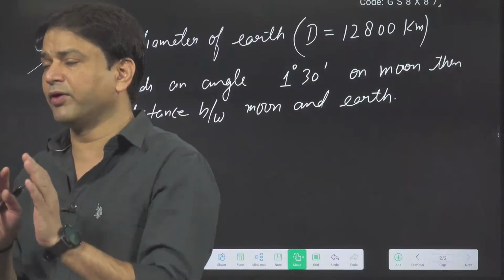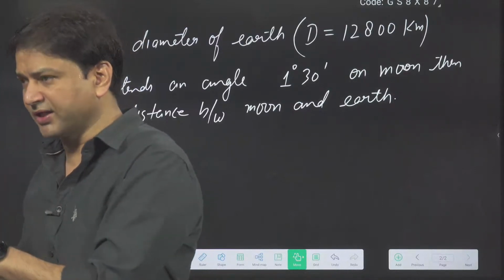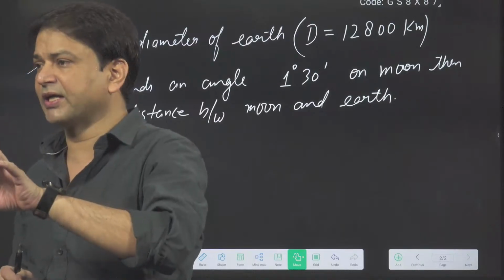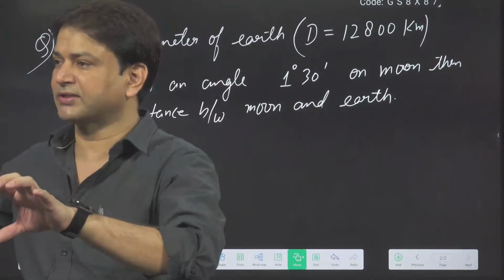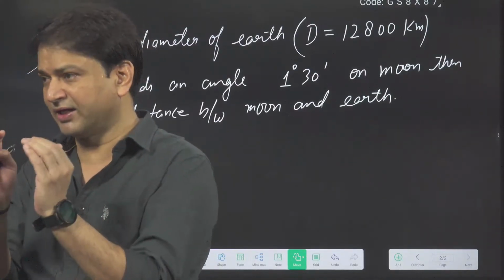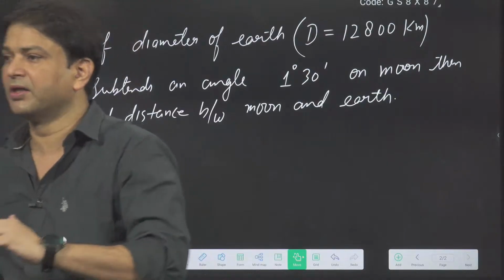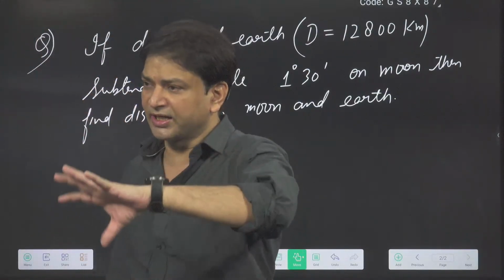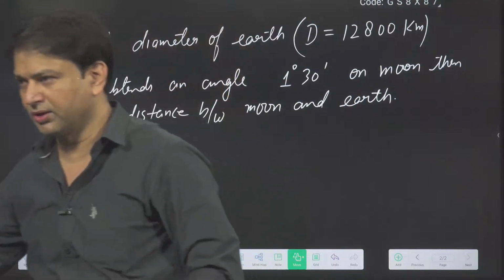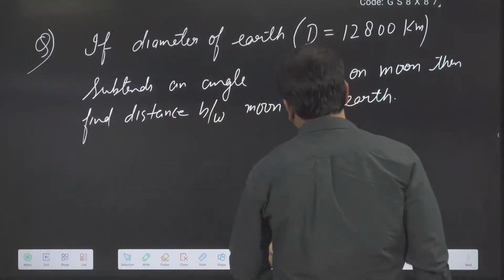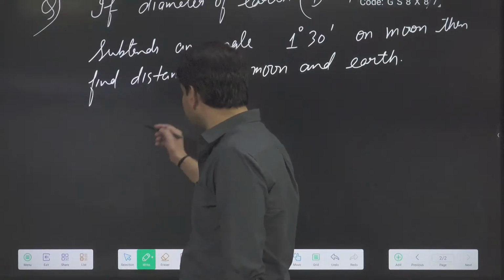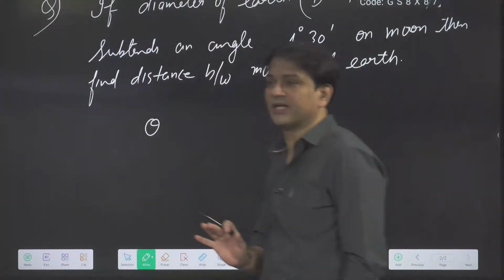So first, if they give the angle in minutes and seconds, we convert the whole angle into degrees. Then multiply the angle in degrees with pi by 180, and you get the angle in radian. After getting radian, we can apply the formula. So first we will find the angle in radian, but for that we first convert the whole angle into degrees.